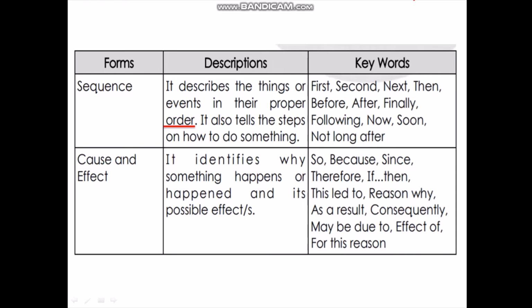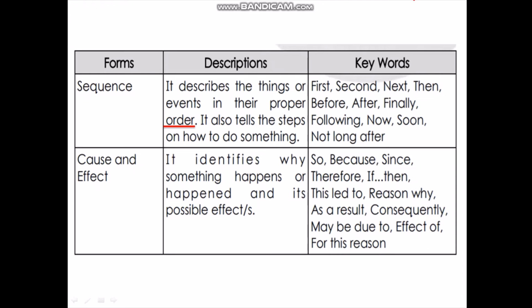Okay, example, how to wash clothes. So the first one, you need to separate the white clothes from colored clothes. Second, soak the white clothes first, and then after that, you wash it. Okay? After all of the white clothes are done, next, you put the colored clothes and then soak it and then wash it.